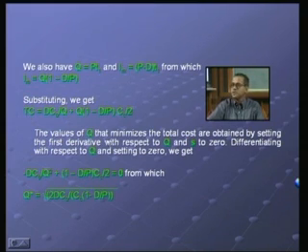The value of Q that minimizes the total cost is obtained by setting first derivative with respect to Q to 0, differentiating with respect to Q and setting it to 0, we get minus D by Q square C naught plus Cc by 2 into 1 minus D by P equal to 0, from which Q star is equal to root of 2D C naught by Cc into 1 minus D by P.